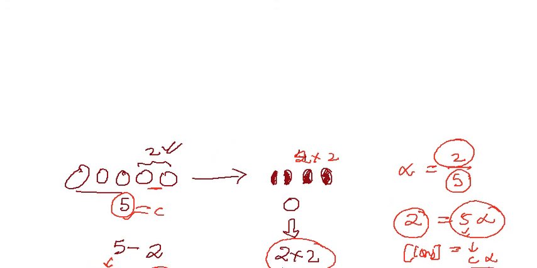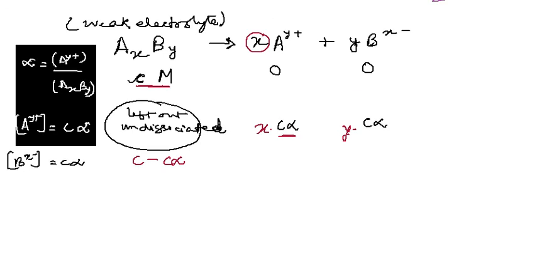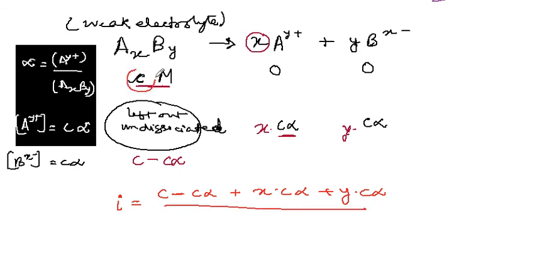So now if we come back to our point over here, the Van't Hoff factor should be the number of particles present after dissociation. That is, after dissociation, C minus C alpha plus x times C alpha plus y times C alpha, divided by the initial concentration.